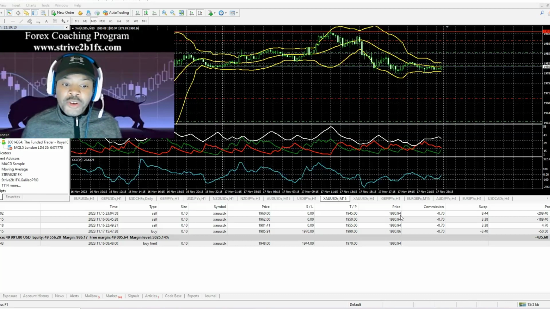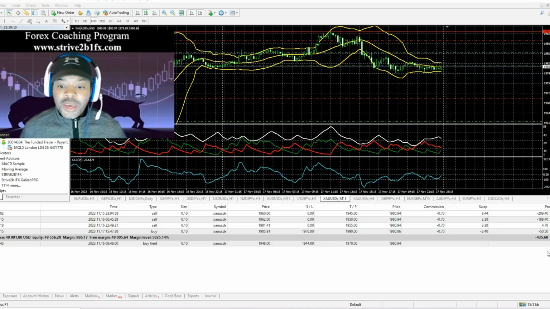So even though I have these losing positions, at one point my balance was down to $49,100, but I kept finding winning trades, and I was able to keep recovering that. And you kind of see here, I'm close to getting back over to 50,000 in terms of my balance. And then when the market opens on Sunday night, for me, then I will be able to look for some more winning trades.